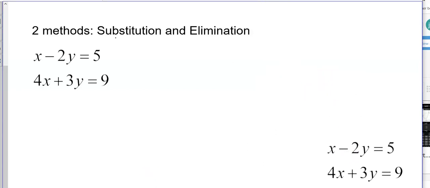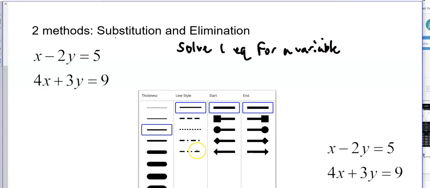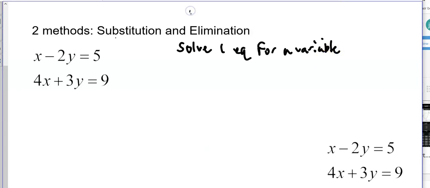With substitution, you want to solve one equation for a variable. Let's take this one and solve it. So we get x, if we add 2y to both sides, equals 2y plus 5.